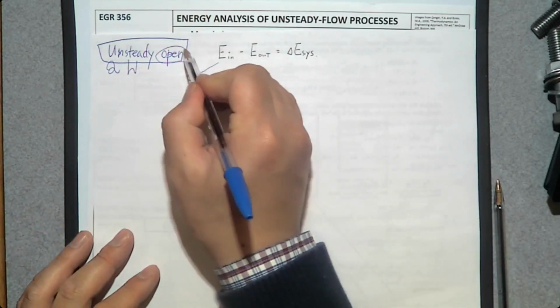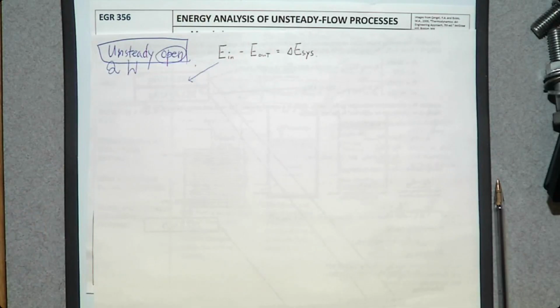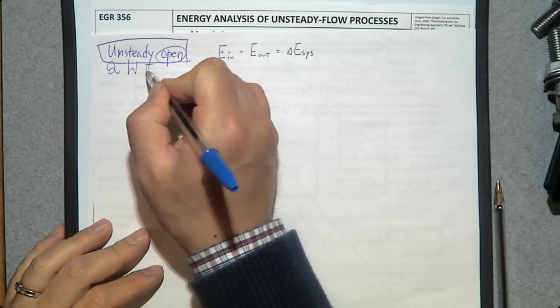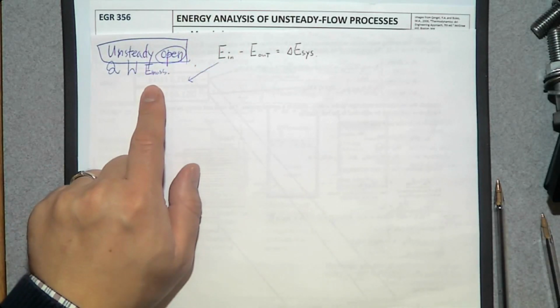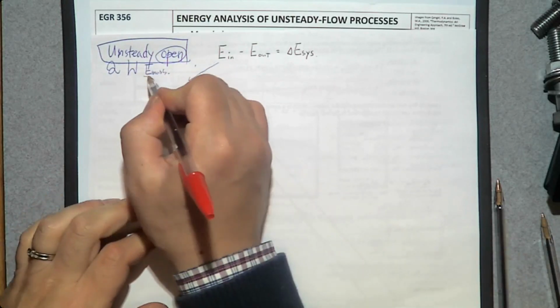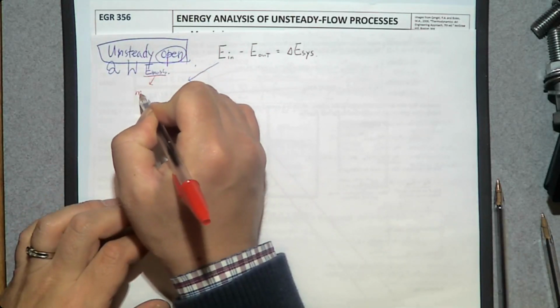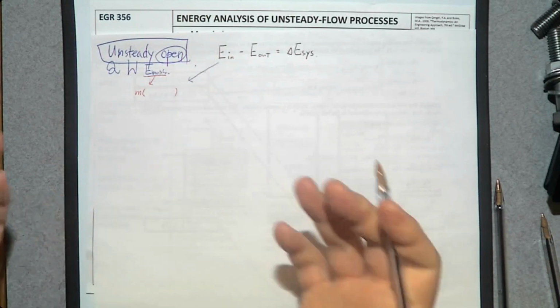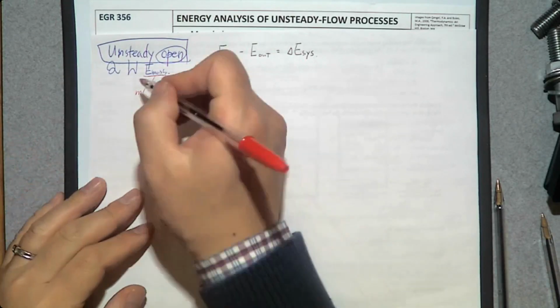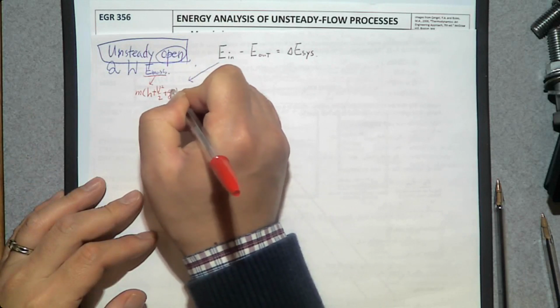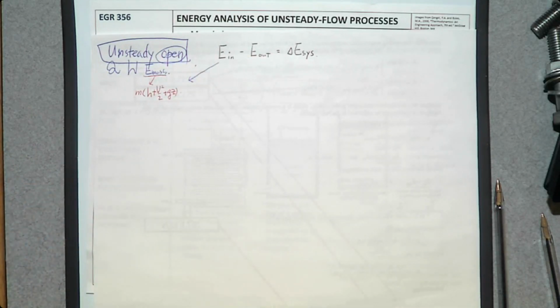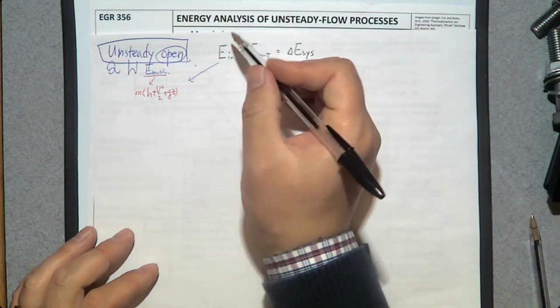No, it's an open system, so there should be energy transfer by mass. Do you remember how to determine energy transfer by mass? Mass times, then this mass has 3 forms of energy: enthalpy, kinetic energy, and potential energy. So these are the energy transfers into a system.